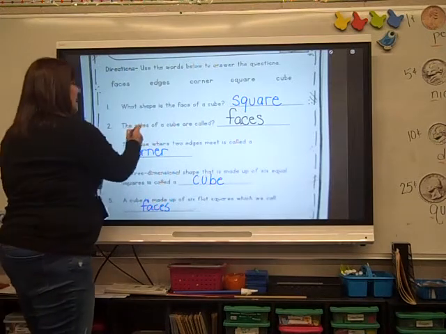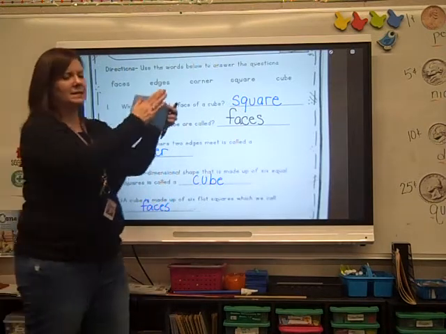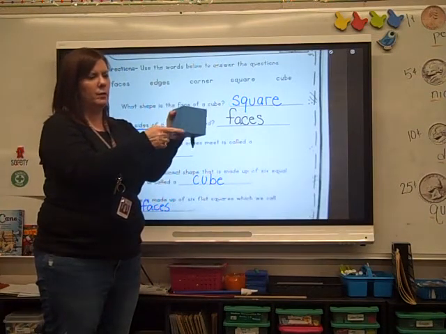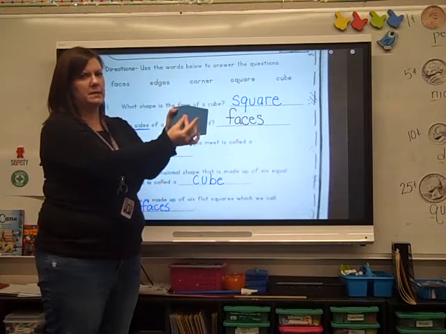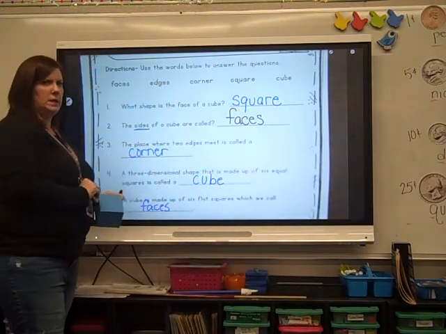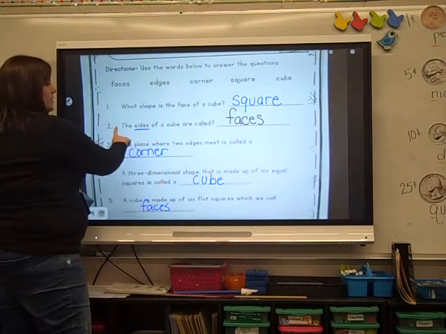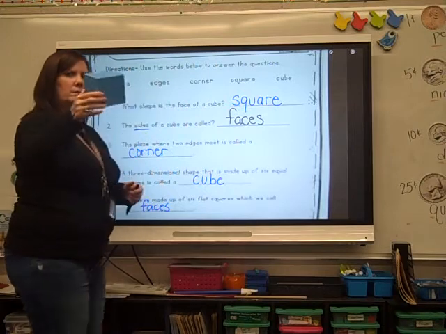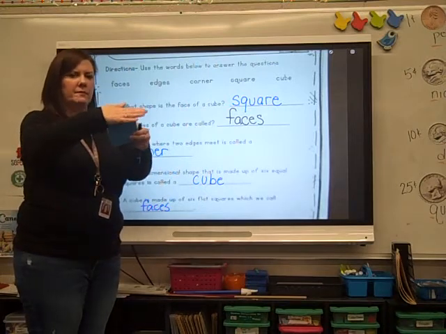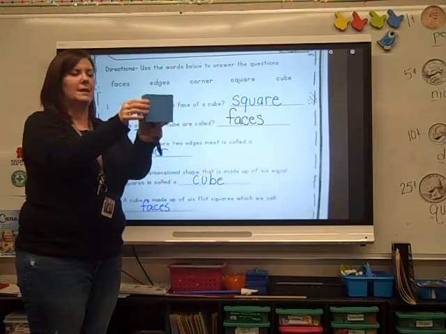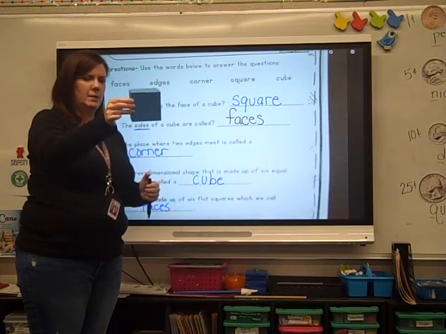The sides, well, I think this is a side, but they might have been calling this. But we know the edge is where the 2 faces come together, okay? So I'm okay with what we've done here. I think they should have said that a little differently. But you need to know the parts of a cube, the flat parts of the face, the corners, and the edges. And it is 3-dimensional, okay?